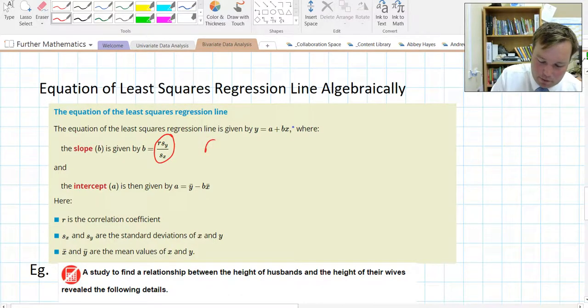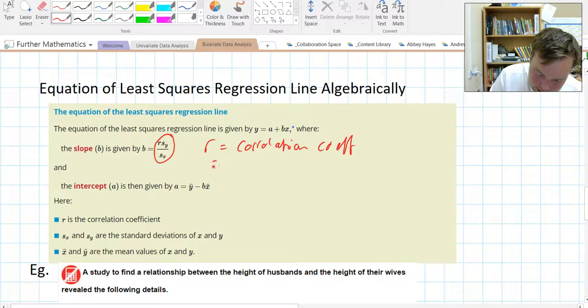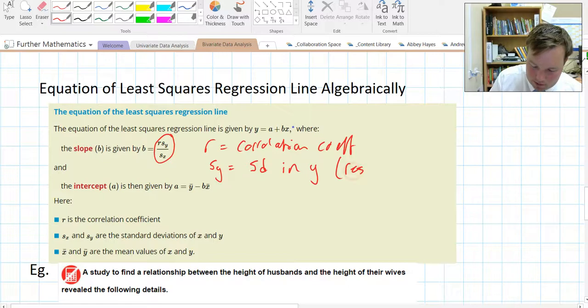R, we know from before, is the correlation coefficient. Sy is the standard deviation in the y variable, which will be the response.